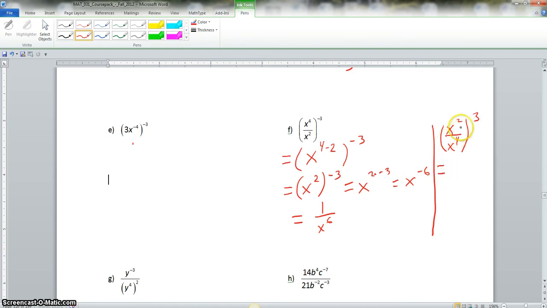Now, if we would have taken each one of these exponents to the 3rd power, that would have given us x to the 6th over x to the 12th. Now, we'd have kept our base the same, which would have been an x, and it would have been 6 minus 12. So this would have given us x to the negative 6, which would have finally given us 1 over x to the 6th power, which is the same as what we have here for F.